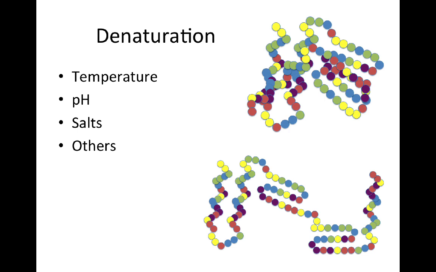This is why once you fry an egg, the egg whites go from being clear to being white because the proteins are denaturing. And then you let the egg cool, it actually doesn't renature to its folded shape. So how it is originally folded is sometimes important for the protein to function.